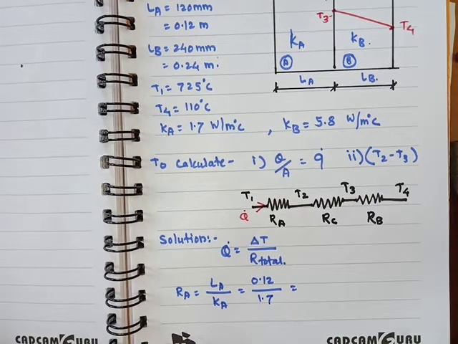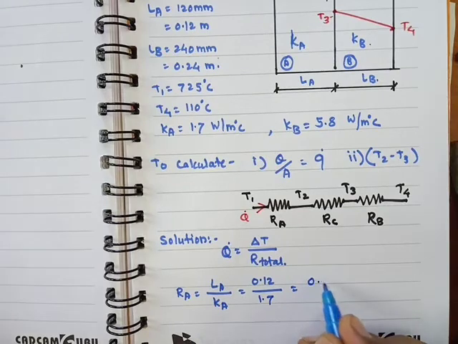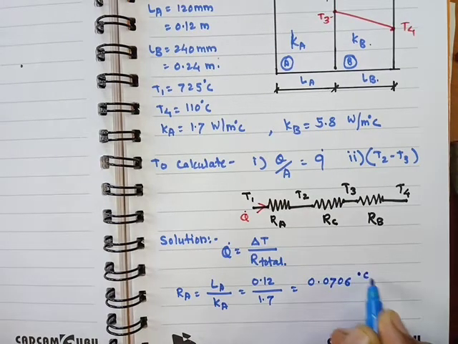If you solve this, we will get the value of 0.0706 degrees Celsius per watt.